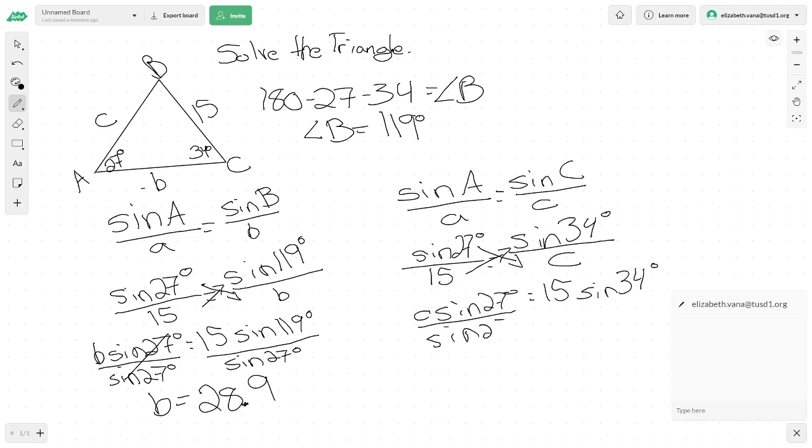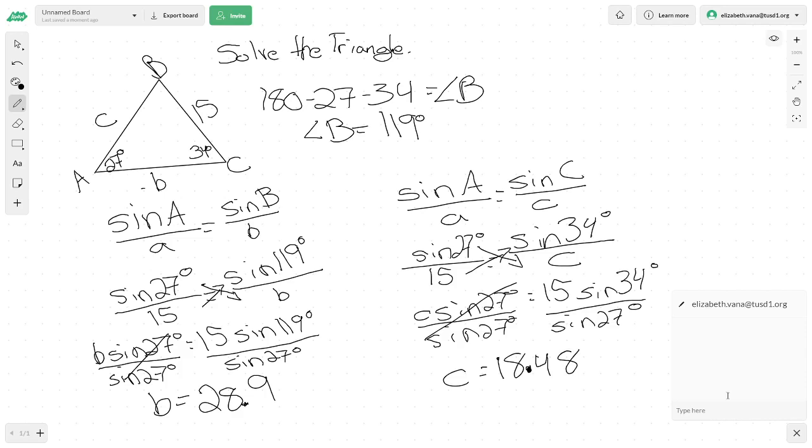Divide both sides by sine of 27 to get C by itself. And we get C equals 15 times the sine of 34 divided by the sine of 27, which in your calculator should get you approximately 18.48 after we round it.